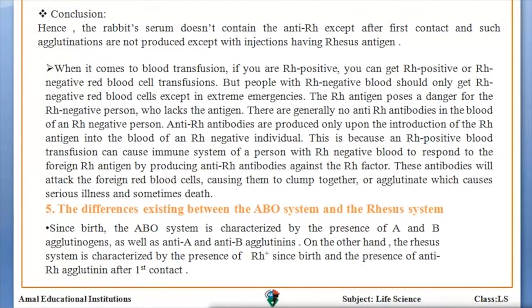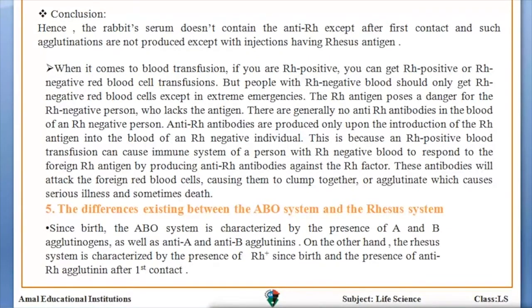How can the concept of Rh positive and Rh negative be applied in blood transfusion? When it comes to blood transfusion, if you are Rh positive, you can get Rh positive or Rh negative red blood cell transfusion. That is, you can get blood from an Rh positive individual or an Rh negative individual.